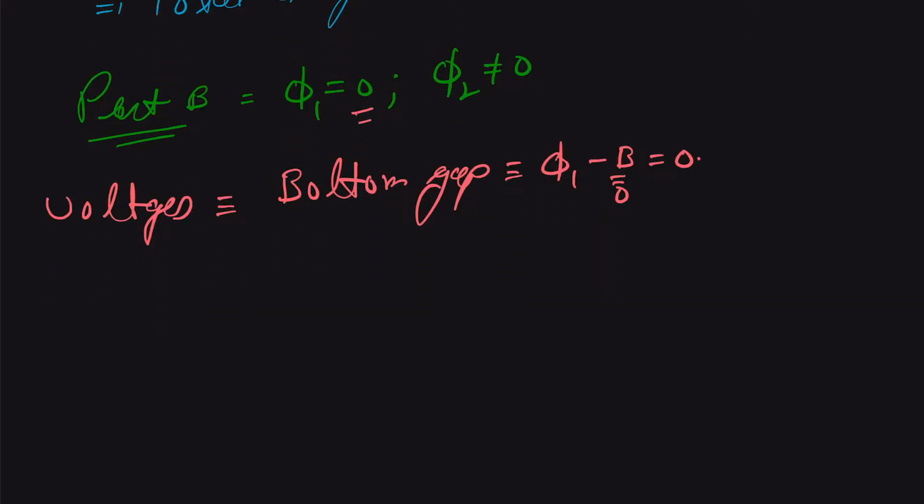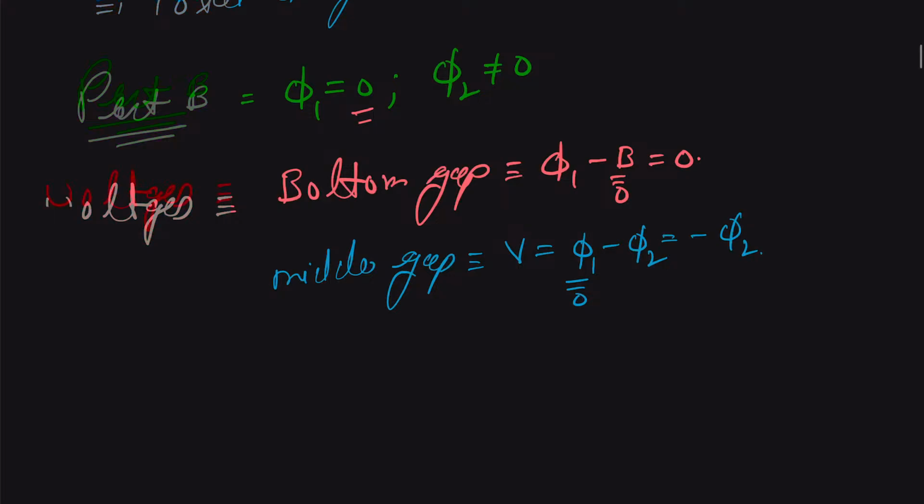Now we come to the middle gap, and the middle gap is nothing but phi 1 minus phi 2. Phi 1 is 0, so this comes as minus phi 2.